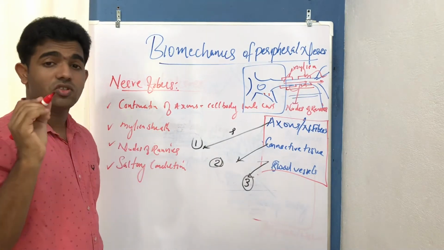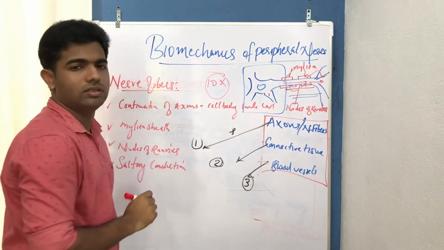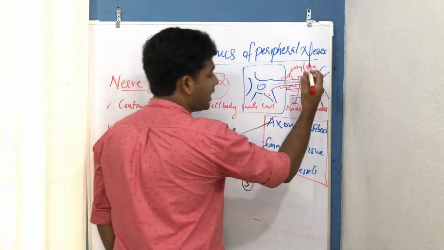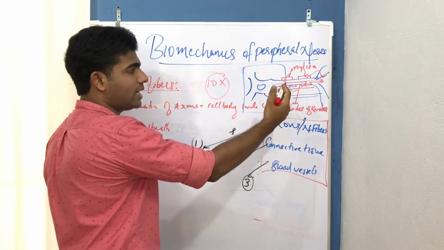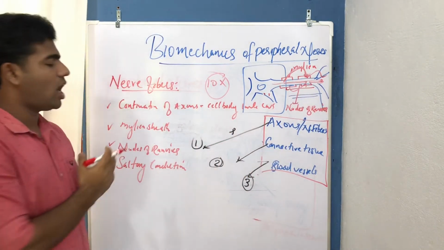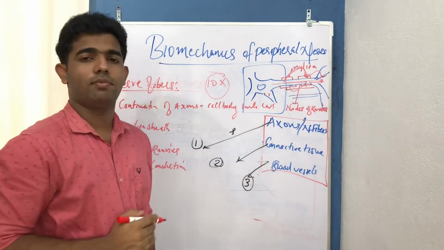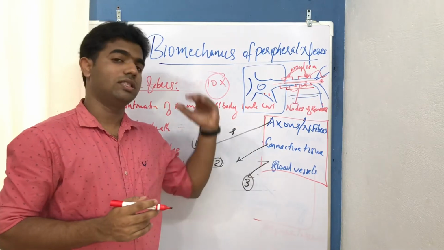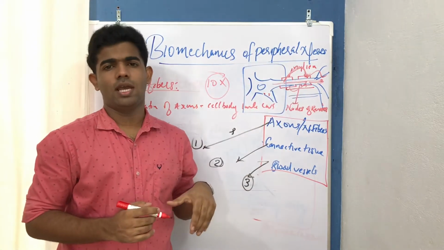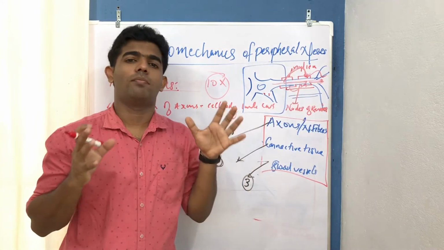And you know that this is a much better conduction than a straight line. If it were passing in a straight line, it would be 10 times slower than saltatory conduction. So when you are explaining the structure of a nerve fiber, just explain the cell membrane, the cell body, the dendrites, the Nissl granules, and finally focus on the axons. Axons are lined by a layer of cells known as the myelin sheath.